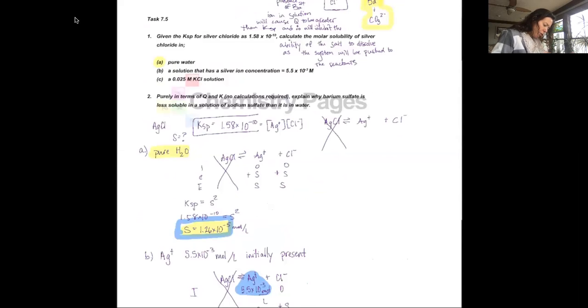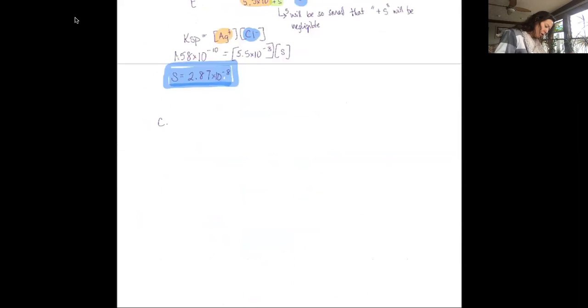All right, letter C. A 0.025 molar potassium chloride solution. Well, that dissociates completely because we know that alkali metal compounds are fully soluble.